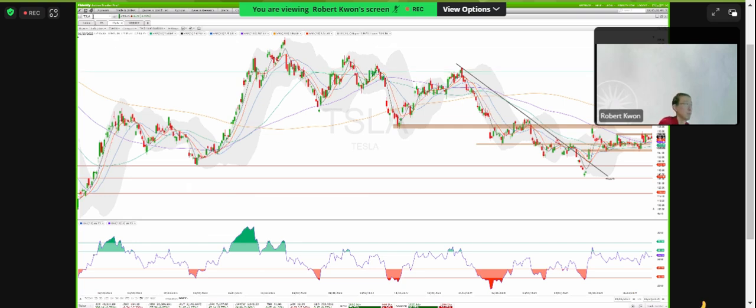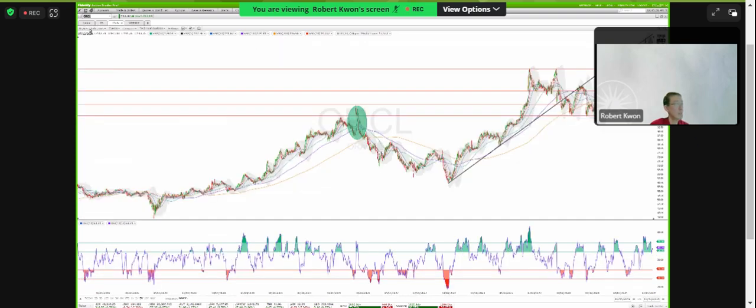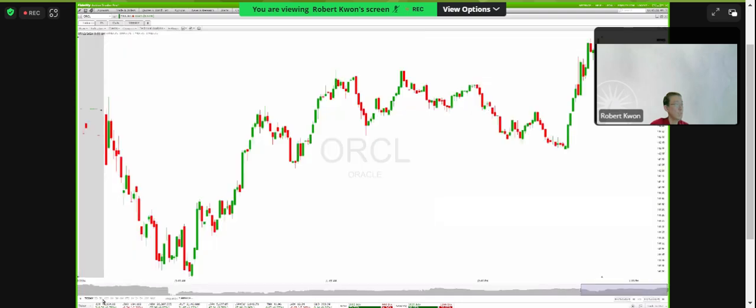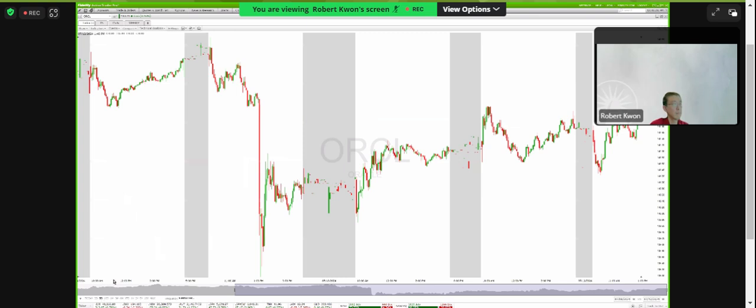Oracle was another one. So if we go to the shorter term time frame and we go to 5 days, does everybody see the day I'm talking about? The headline was some AI deal with Musk and Oracle wasn't going through.